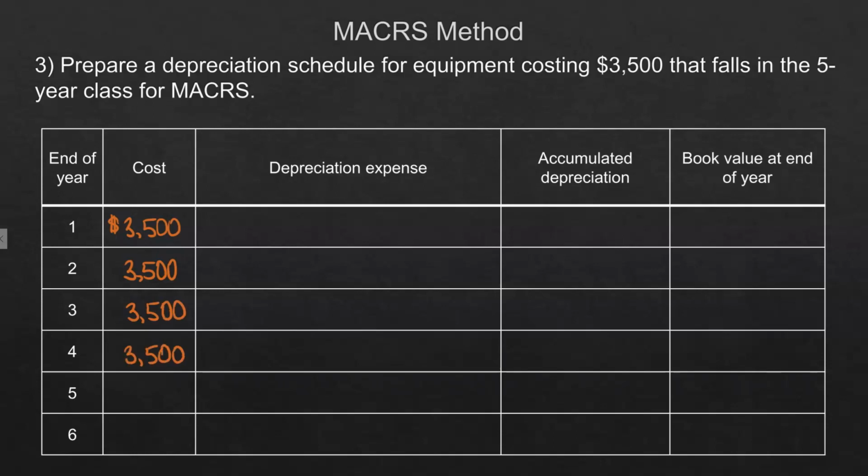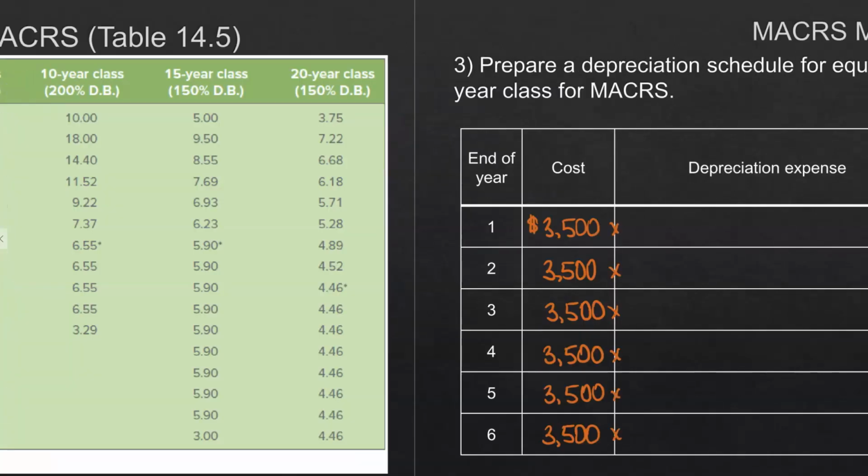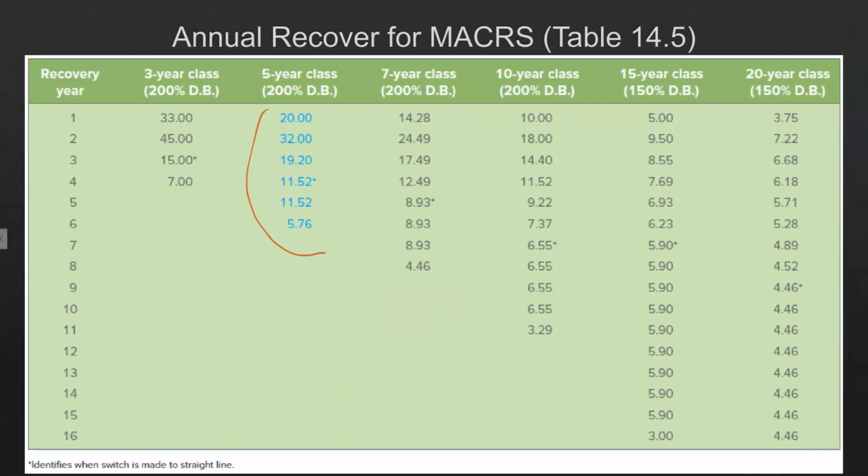Kind of like 5 times in a way because we have the percentages that are the same for 2 of the years. So every time we multiply times 3,500, and then we're going to multiply by our percents, which we will get off the chart over here. So we're going to be using these as we calculate here.